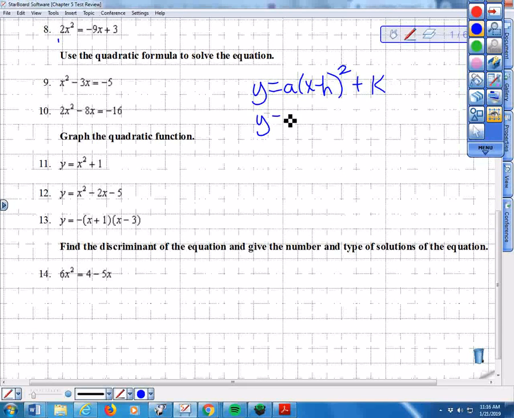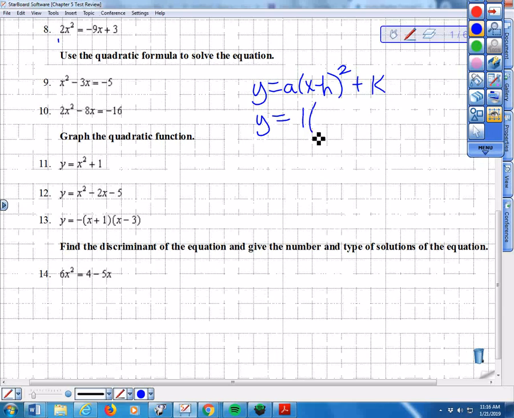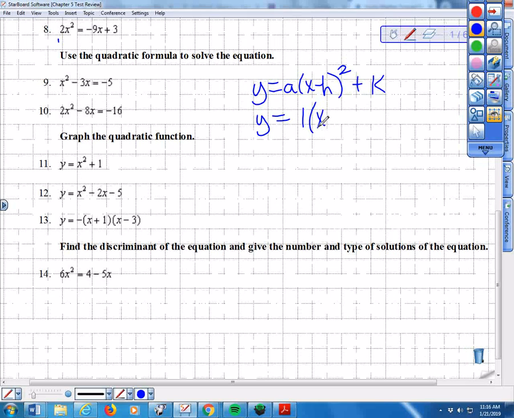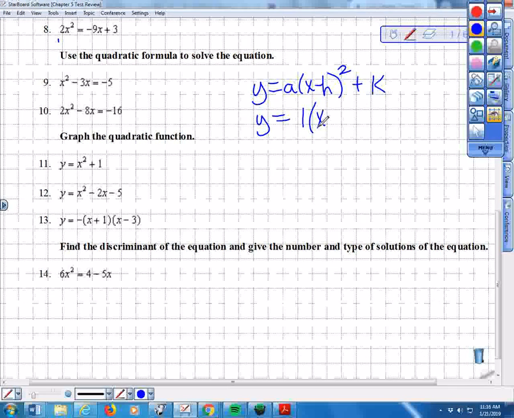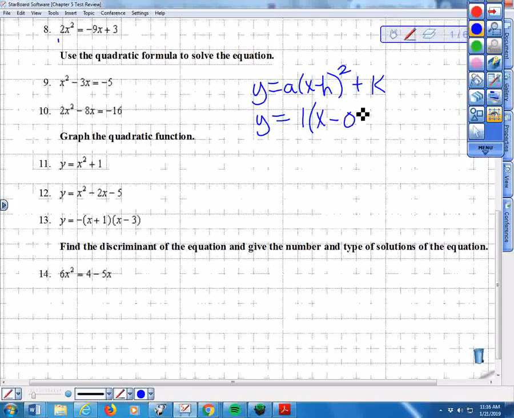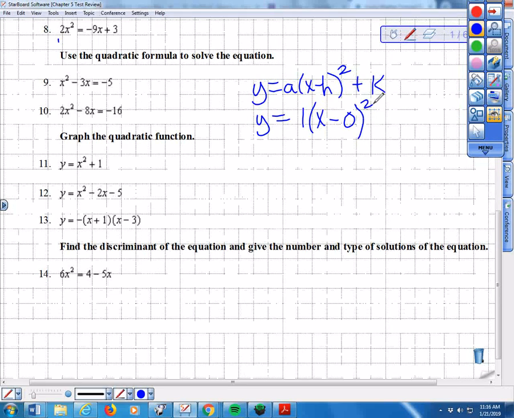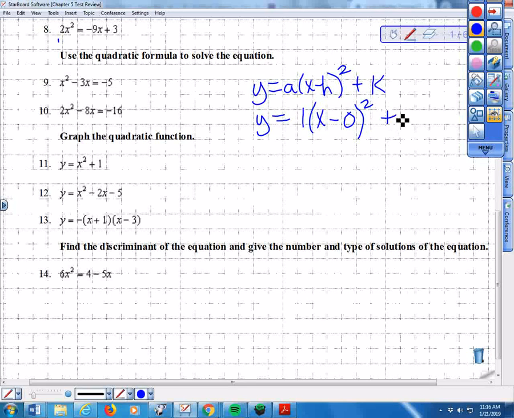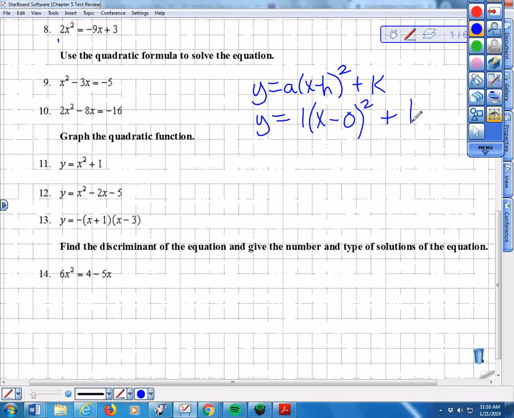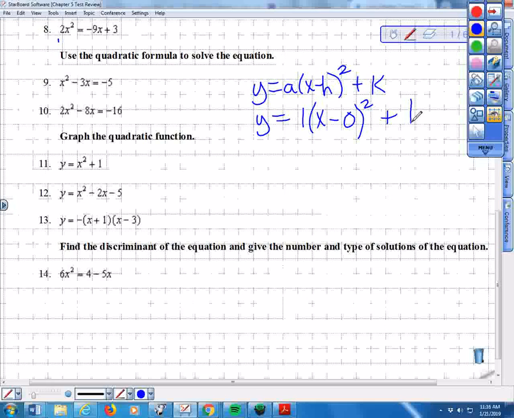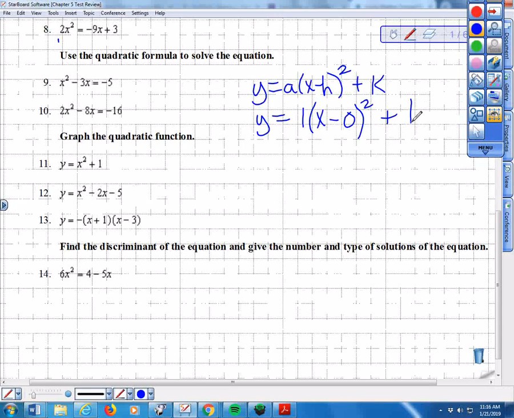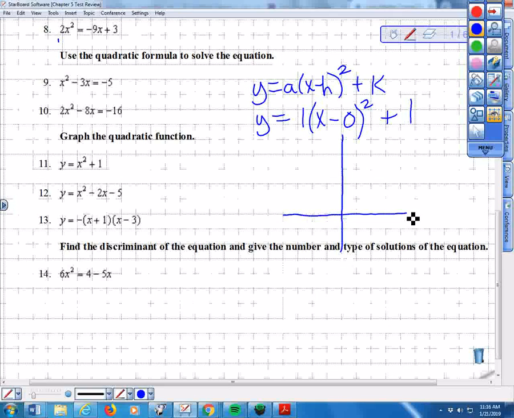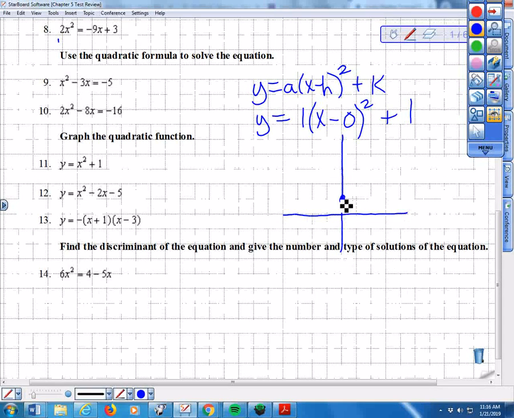What is h? Zero. What is k? Plus 1. So this is going to look like the regular y equals x squared graph, shifted up 1 unit. So my vertex is going to be at 0, 1.